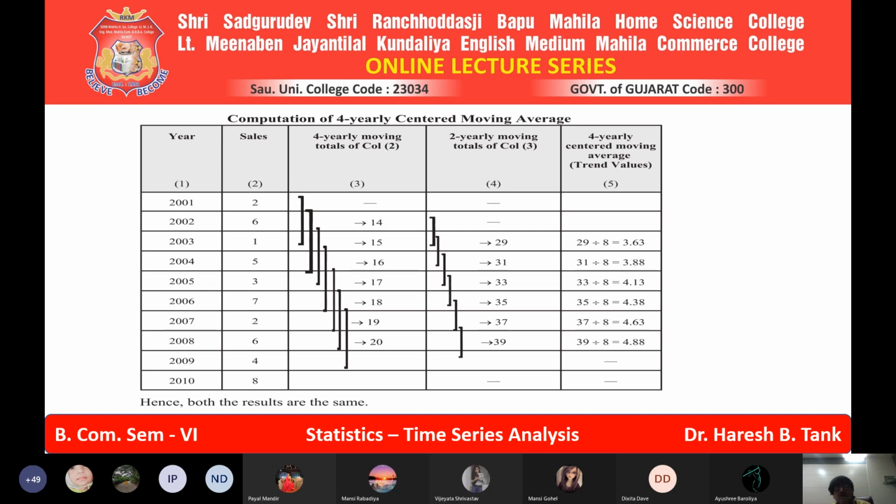And here also, in 4 yearly centered moving average, you are likely to divide it by 8. So the denominators are the same. That is why this is happening. So in both the cases, you are getting the same answer. Right?